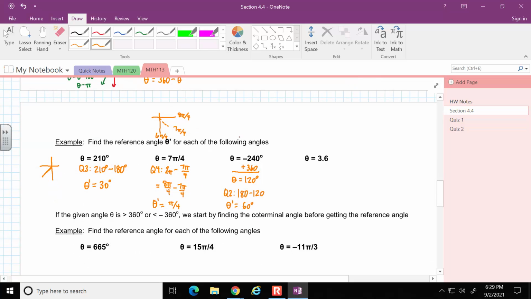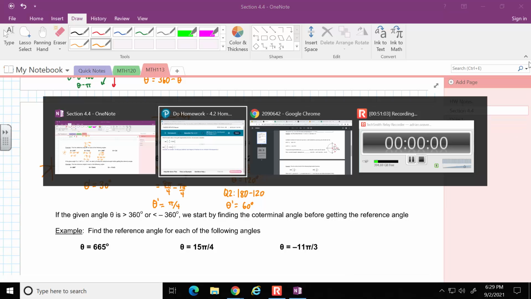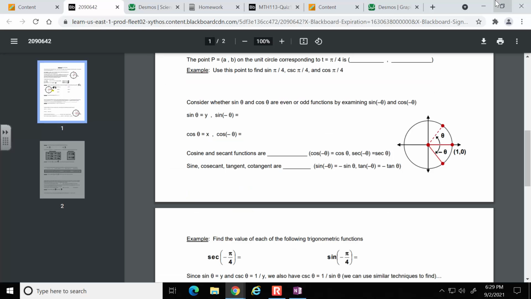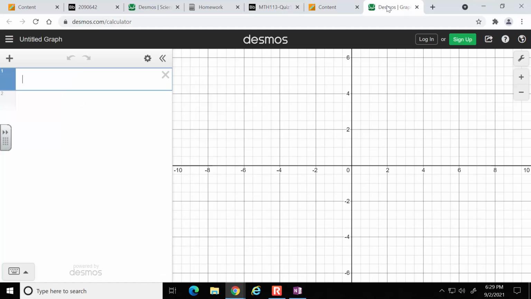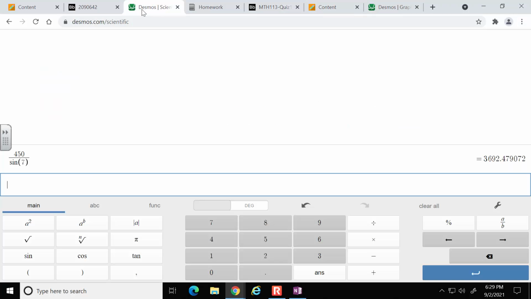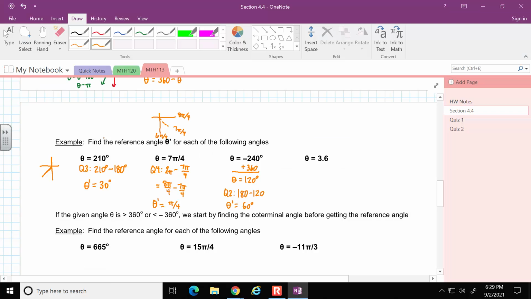This next one is theta equals 3.6. First thing you'll notice is it's not degrees. I am in radians, there's no degree symbol. So the first thing you might need to do is say, well, where's it at? So let's come in here, if I still have that pulled up somewhere. Yeah. So I have 3.6 radians.